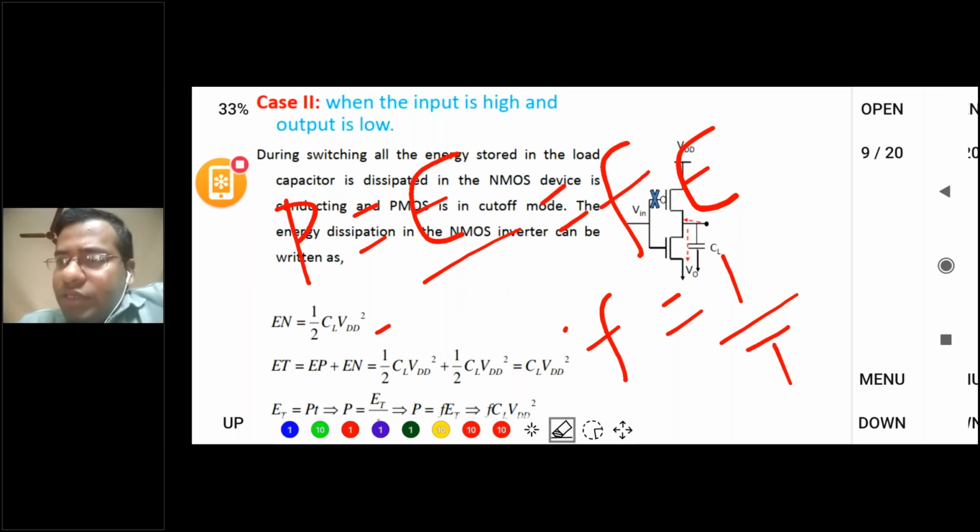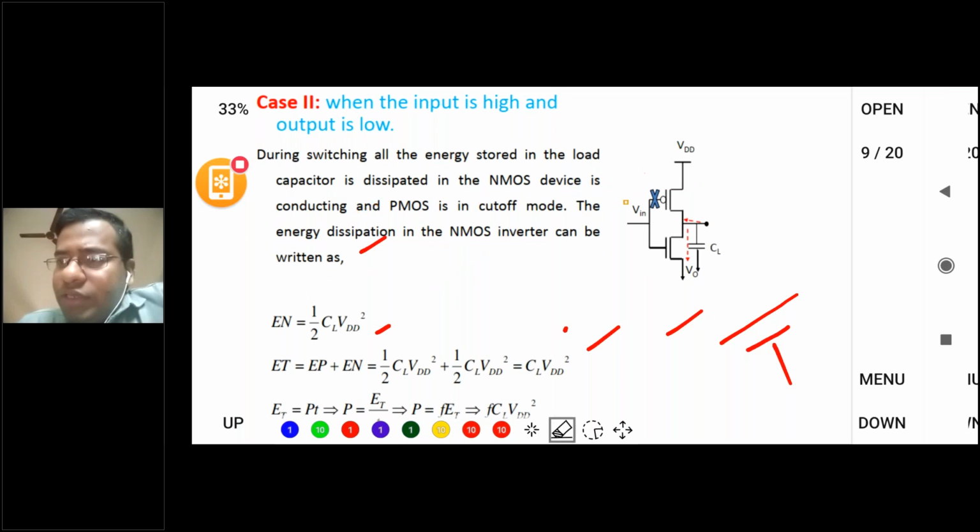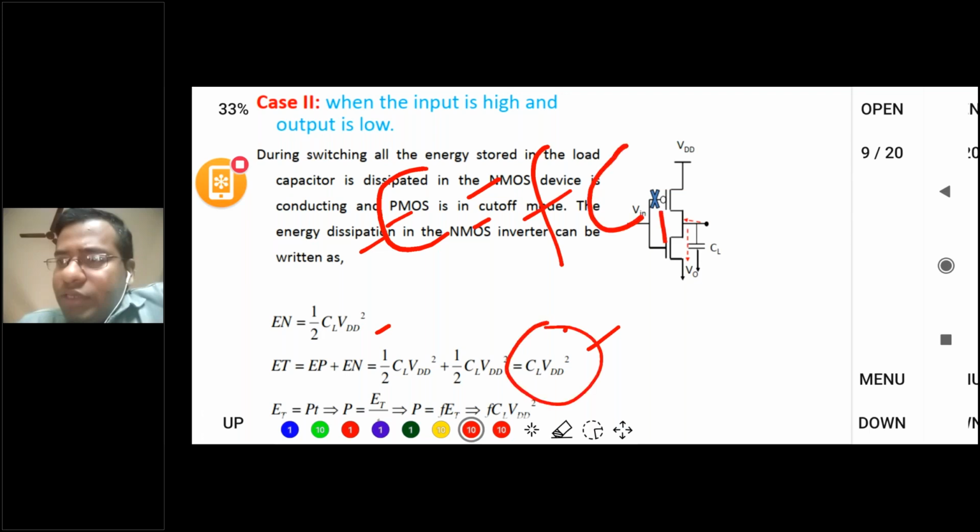Okay, so now again you observe carefully. Your power dissipation, energy dissipation is also related to the frequency. So E is equal to F times this value. What is this value? CL VDD square.